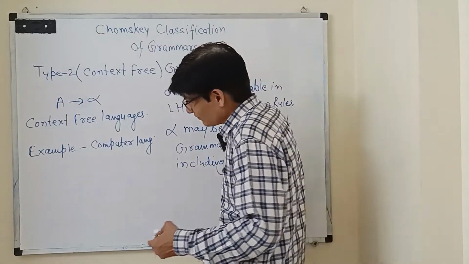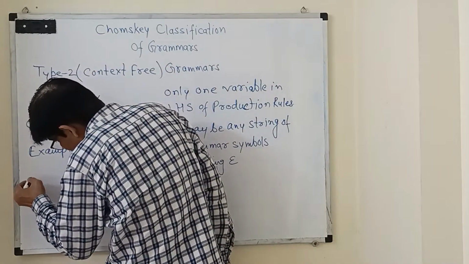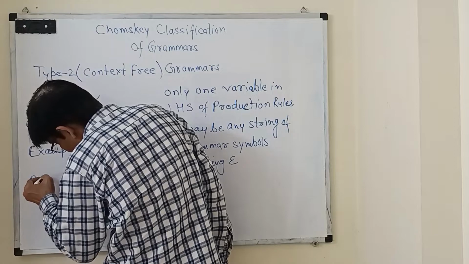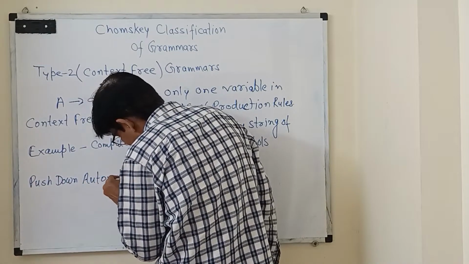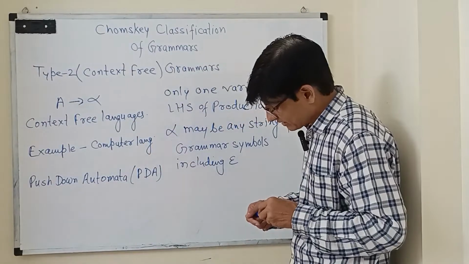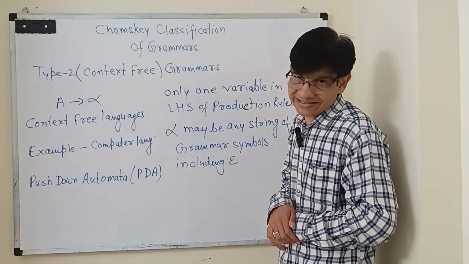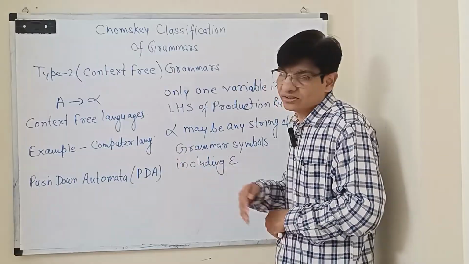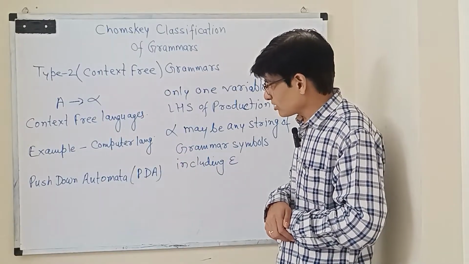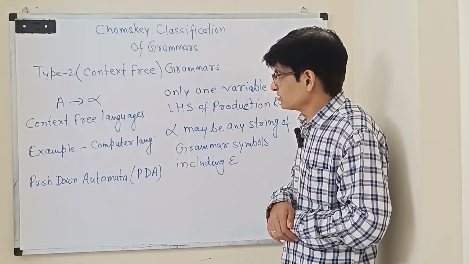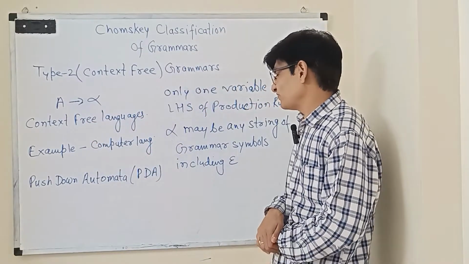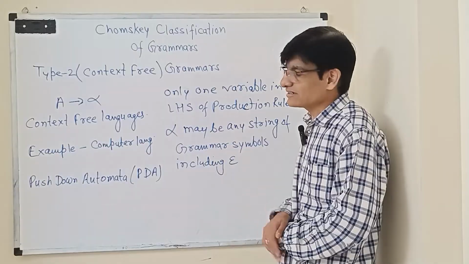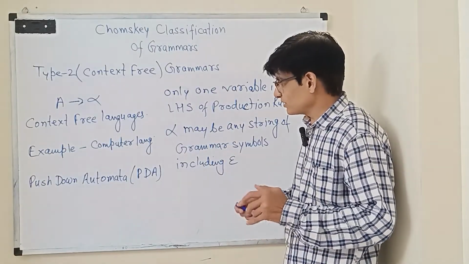For this, we use the mathematical model pushdown automata, or in short, PDA. This model we will also discuss in upcoming lectures of this playlist. So these are the restrictions for context-free grammar.